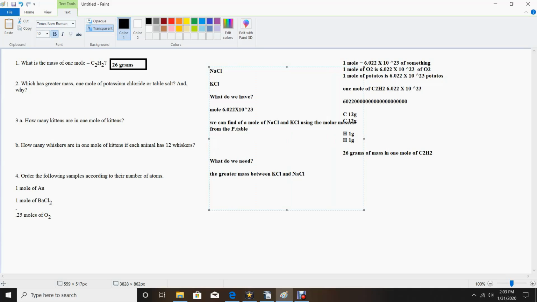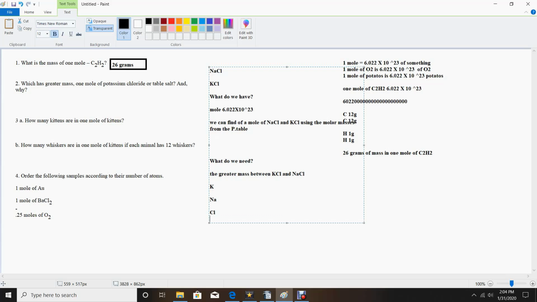Take a minute and get my periodic table here. Okay, well, we need the mass of potassium, we need the mass of sodium, we're going to need the mass of chlorine. They both have chlorine, though.